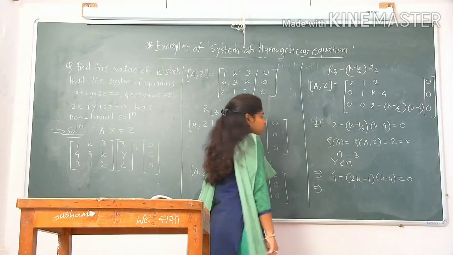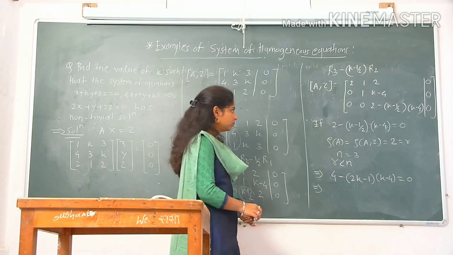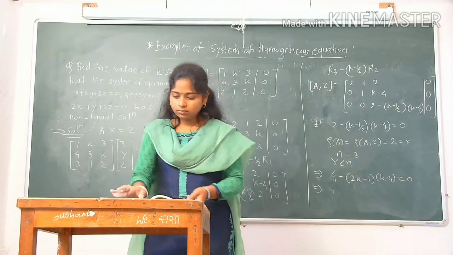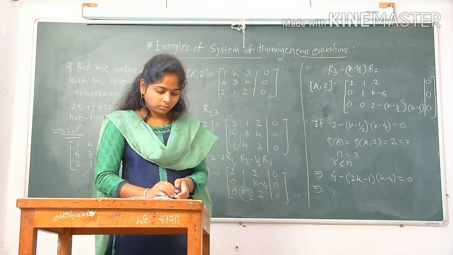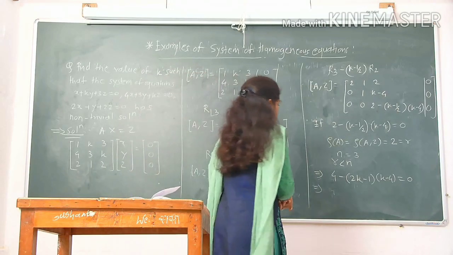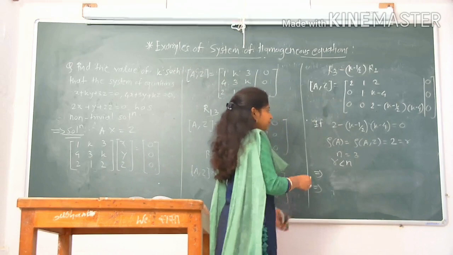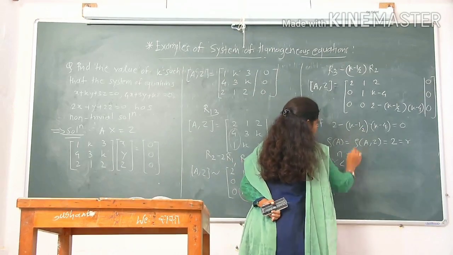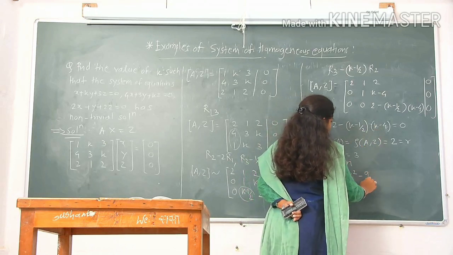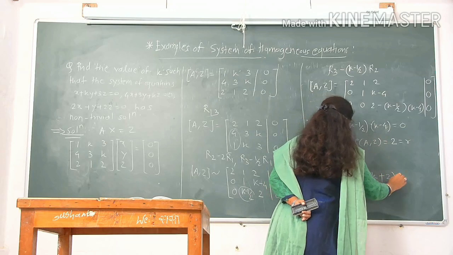Now let us solve this example. Here we get k square minus 1 by 2 minus 4 is minus 9 by 2 k, plus 4 into 1 by 2 is 2, is equal to 0.